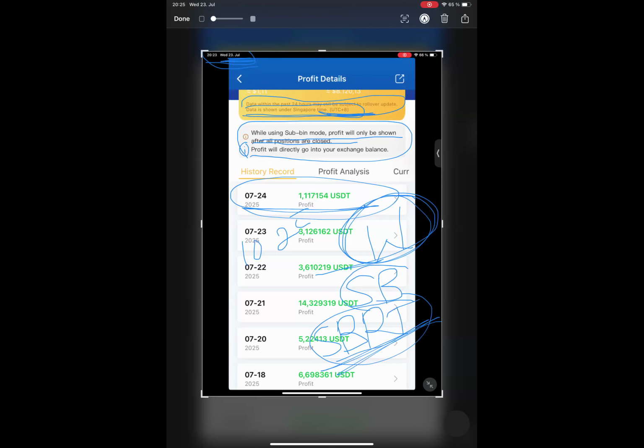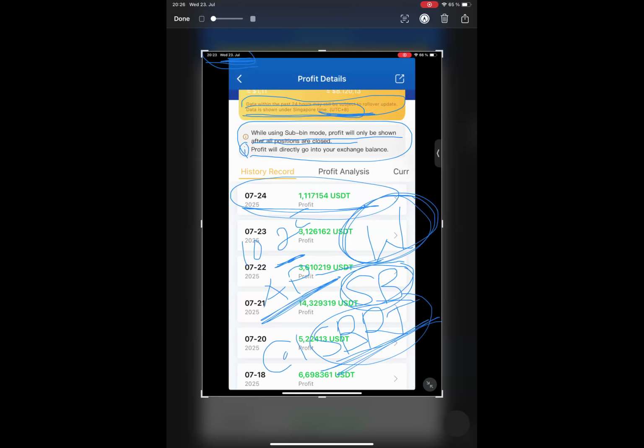But the middle one, if you're on a huge floating loss and you want to get out of it quickly, it's good to use the sub being mode. But with this mode, anytime there is a sell, that is the sub sell, the robot will not give you the profit. Rather, it uses the profit to draw the average price, AP. Average price is the last price at which you bought it.